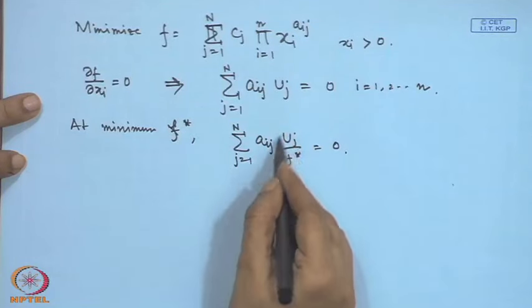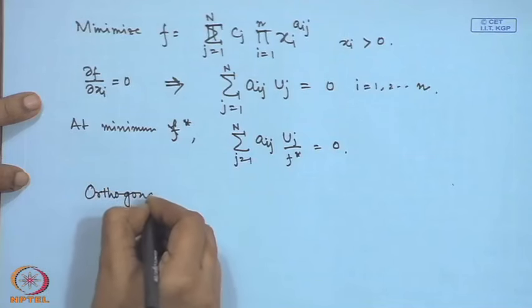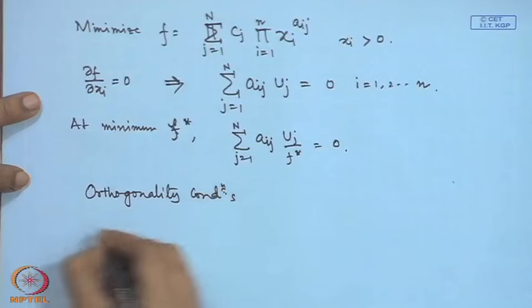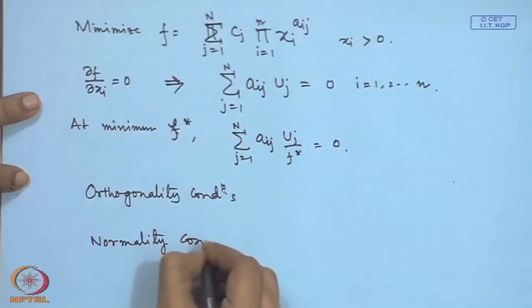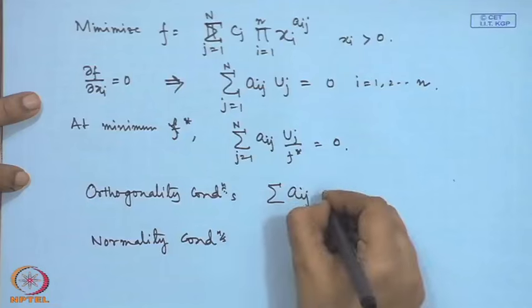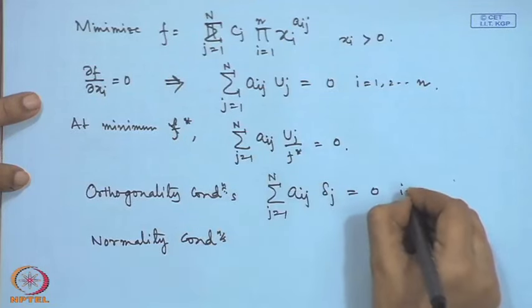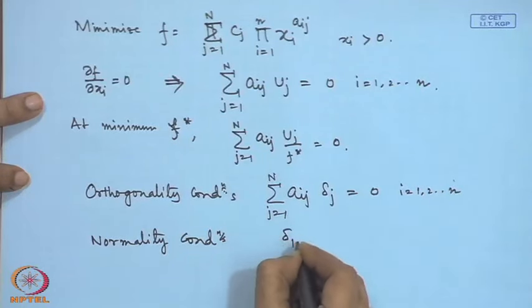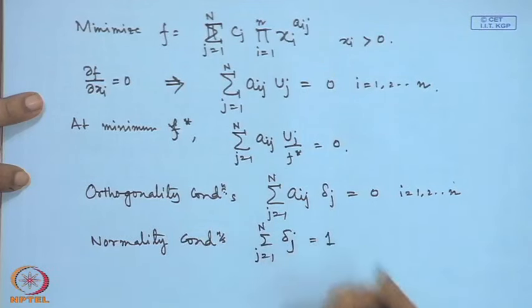By considering these are all delta j's, we will get the set of orthogonality conditions, that is more important for us, and the normality conditions as summation aij delta j is equal to 0, j is equal to 1 to capital N. There are smaller number of equations, and we are having summation of delta j, j is equal to 1 to n, equal to 1. This is the normality condition.